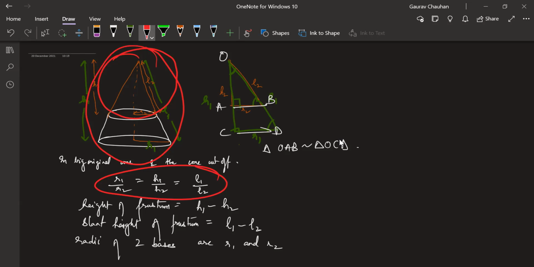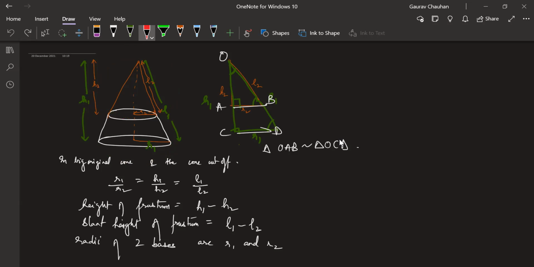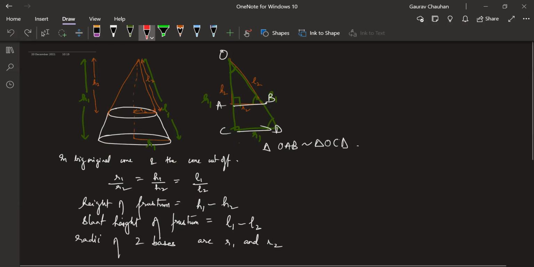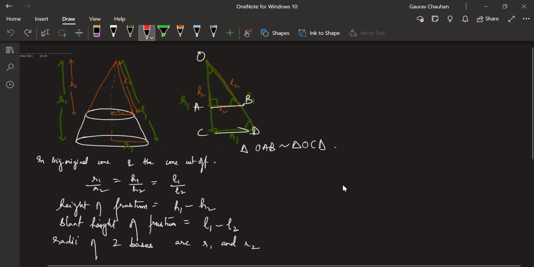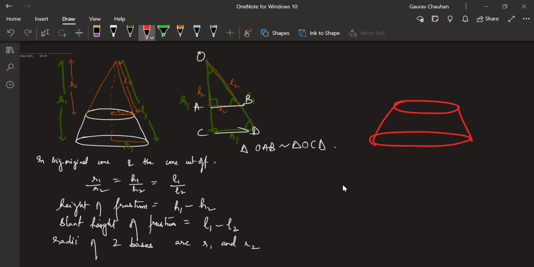Now we're going to move into the frustum, specifically. I want to look at this frustum very closely. This is my frustum. I'm going to draw that again. Now in this frustum, if you notice, my H is very clear.